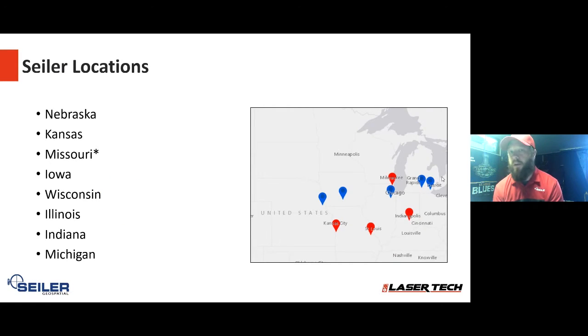Each little dot you see on the map there is where we have an office. And we've recently acquired the state of Michigan, formerly Michigan Survey Supply, is now Seiler Instrument. So myself, I'm based out of the Missouri office, and I normally travel to Kansas City and Indianapolis, where Jay is in the north, and then we have another tech support person that's in the Detroit area for us up there too.